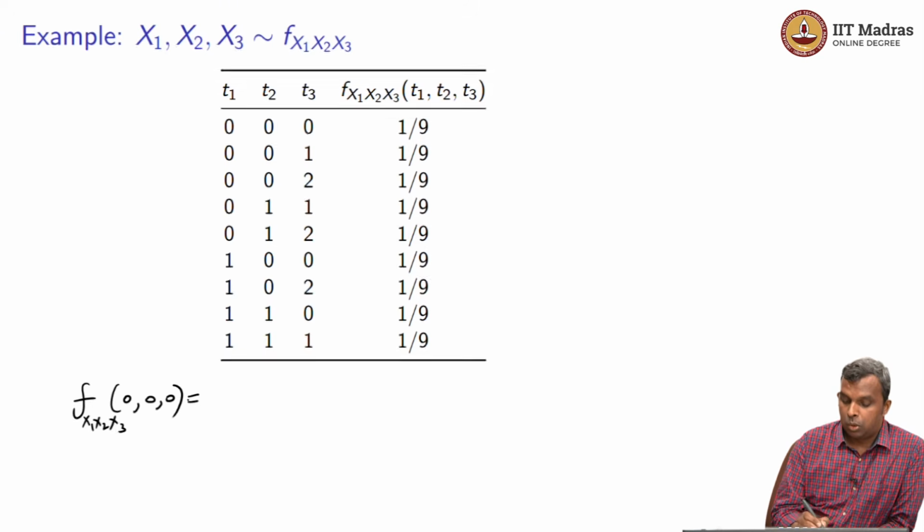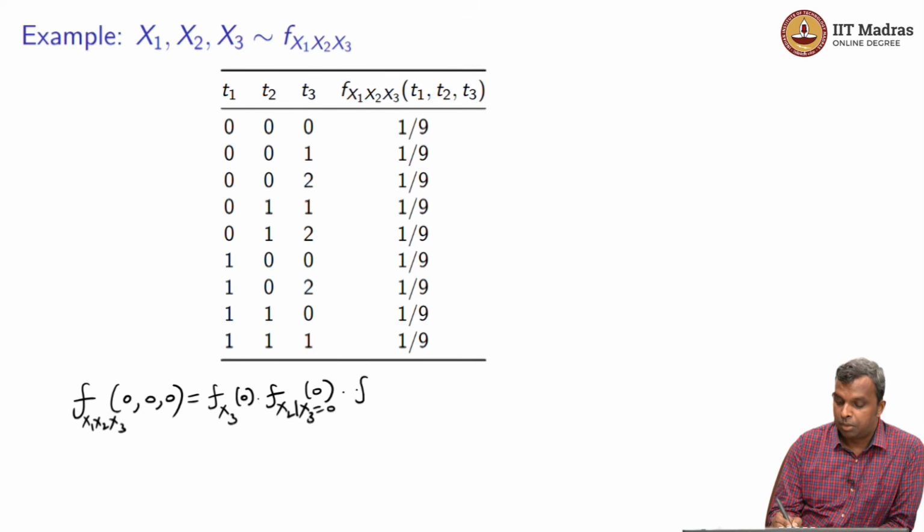I know I can write this as f x3 of 0 times f x2 given x3 equals 0 of 0 times f x1 given x2 equals 0, x3 equals 0 of 0.